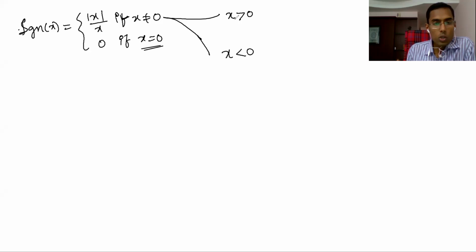So x not equal to 0 means x greater than 0 or x less than 0. When x is greater than 0, mod x becomes x, so x by x, which is 1. If x is less than 0, mod x becomes minus x, as we discussed yesterday, so minus x by x.